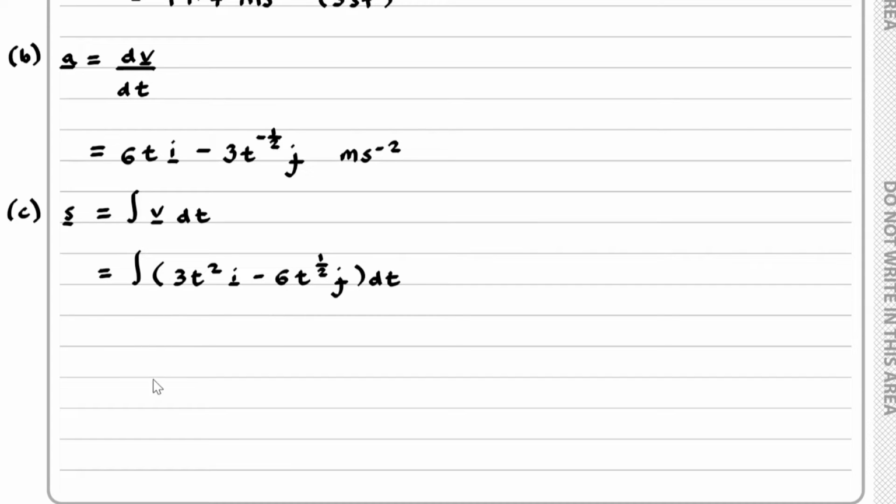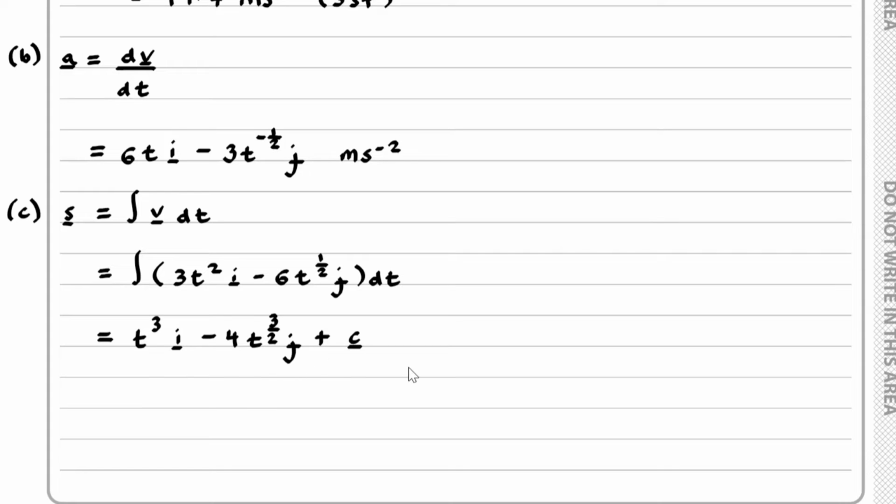If we integrate 3t squared, we end up with t cubed in the i direction, and if I integrate negative 6t to the 1/2, we end up with negative 4t to the 3/2 in the j direction, and then we add on a constant of integration, c.